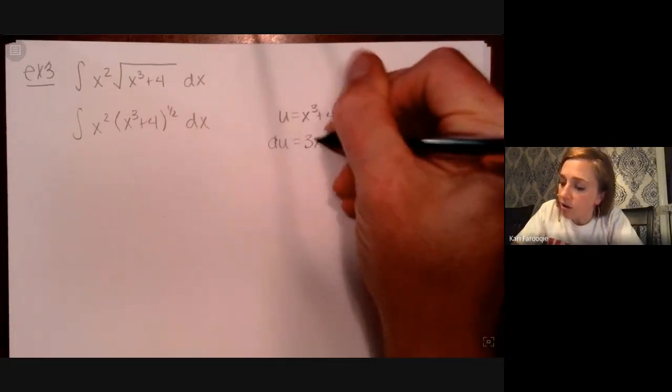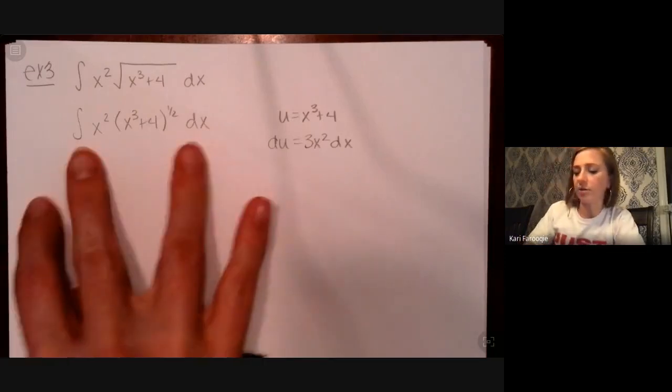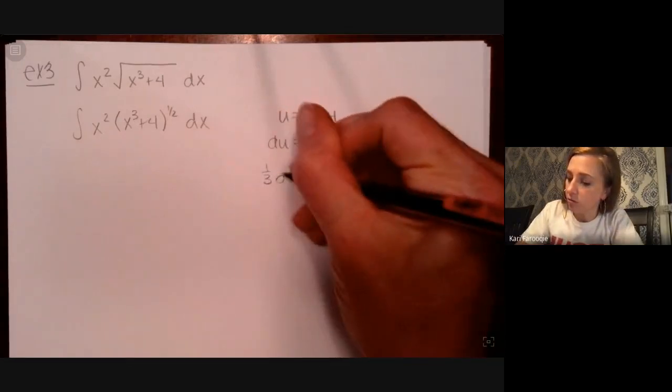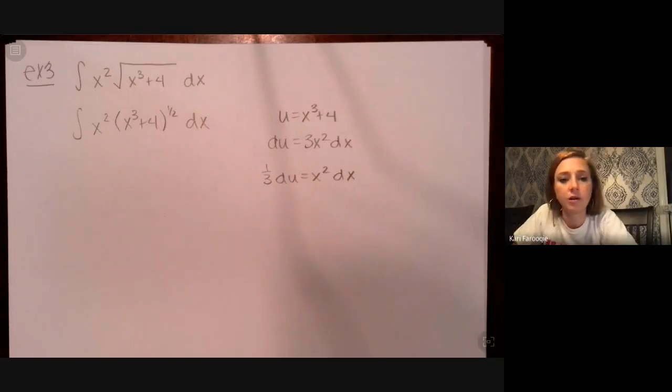Du is 3x squared dx. And then you're going to look back at your integral and notice, wait a second, I don't have 3x squared dx. I just have x squared dx. Fine. Divide both sides by 3. When you divide by 3, you multiply by 1/3.